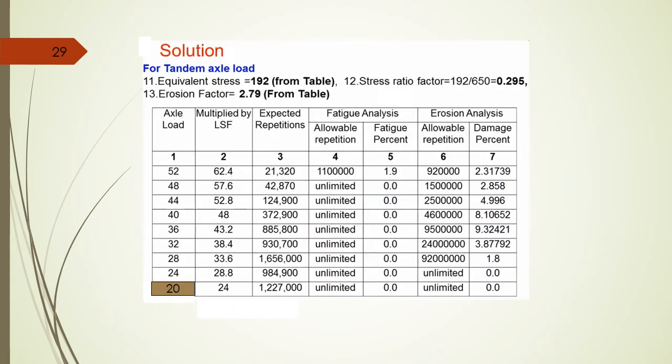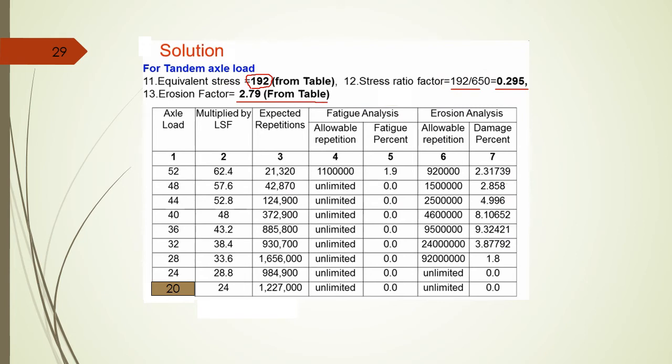Now for the solution for tandem axles, we have to obtain a new stress number from the table, and the stress ratio factor will change also. It will be 0.295 instead of 0.317 as was the case in the single axle. You will obtain also the erosion factor from the table of erosion analysis.